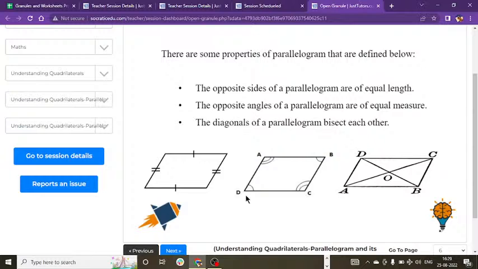Now, let's move on to the third one, that is the diagonals of a parallelogram bisect each other.